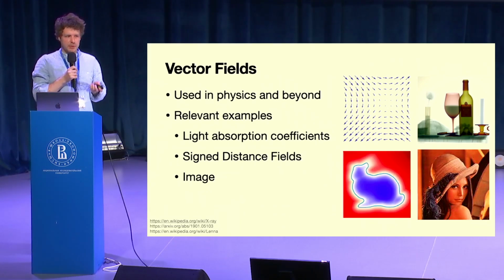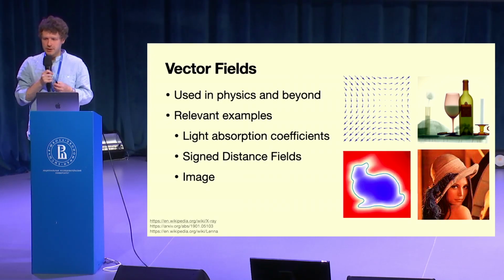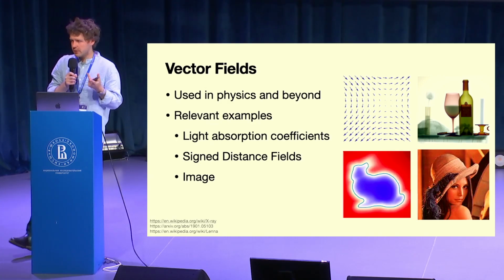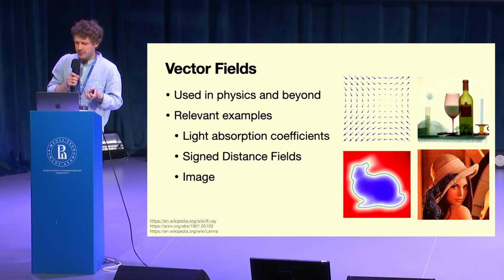And the last example, which will also arise several times during the talk, is an image. Usually we think about images as some sort of tensors, which are three-dimensional, with one dimension being 3 or 4, and other dimension being like thousands.